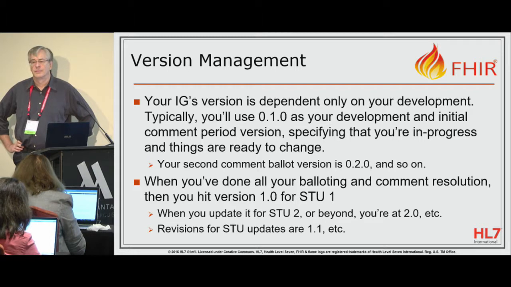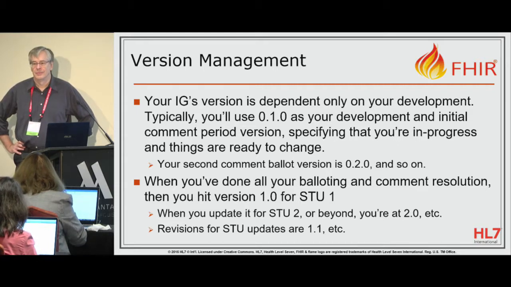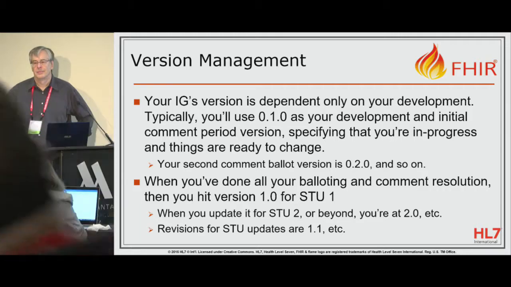So the first digit indicates a major release, so major new functionality, new capability, or hey, we have an IG that actually exists as a real thing. The second digit is sort of more minor changes. So if you fix something or add a small new feature, but that doesn't really cause a significant break with what has existed previously, then it's a change to the minor version, and the last digit is for technical corrections.